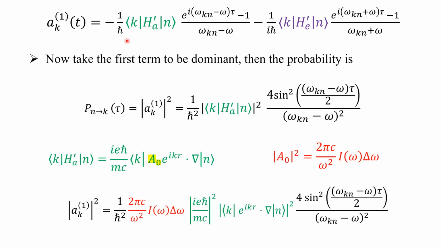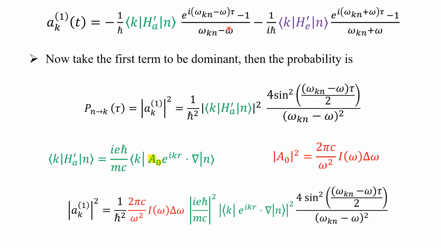Just take the modulus square of the first one, so naturally you can ignore the negative sign. This will become 1 over ħ squared, and modulus of this <k|H'_a|n> whole square, and this one squared.